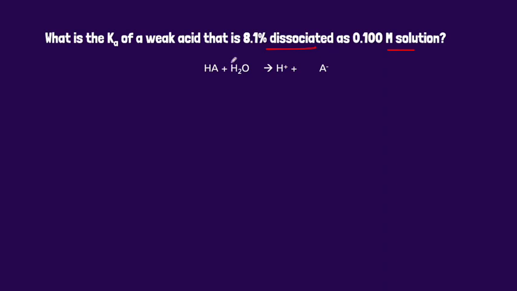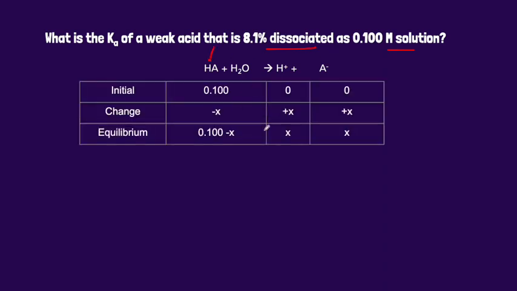We don't know which acid it is, and it doesn't matter anyway. We made our ICE table, and then we have our equation here, with the Ka value missing.